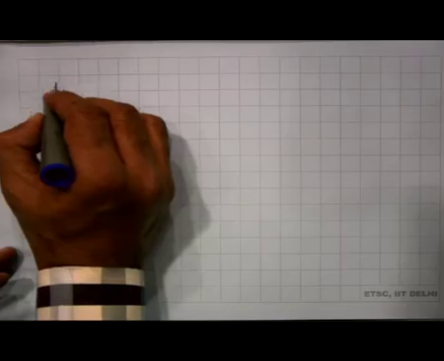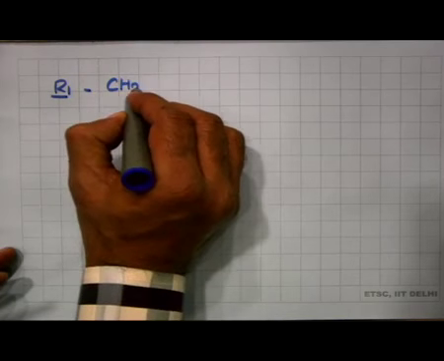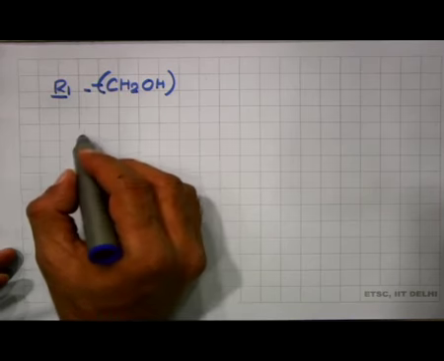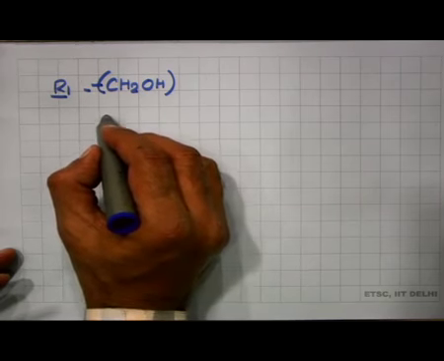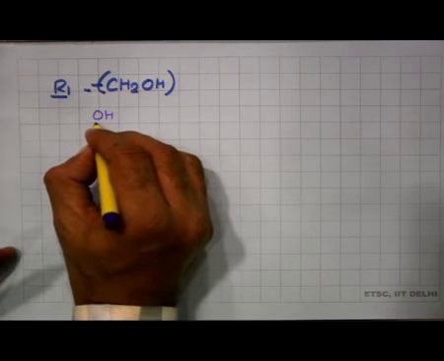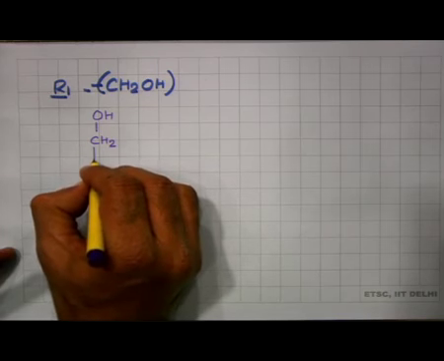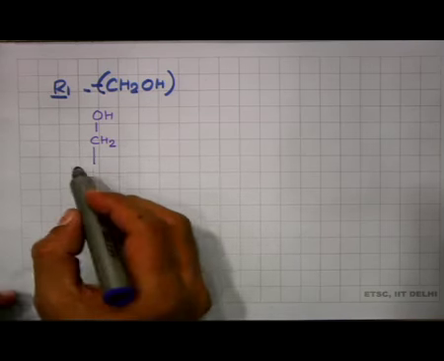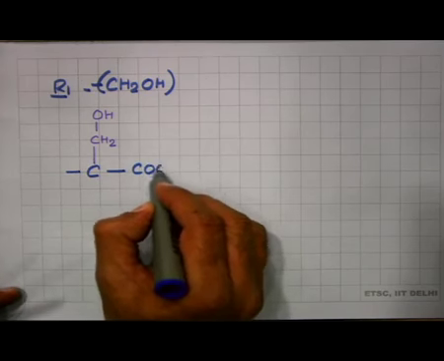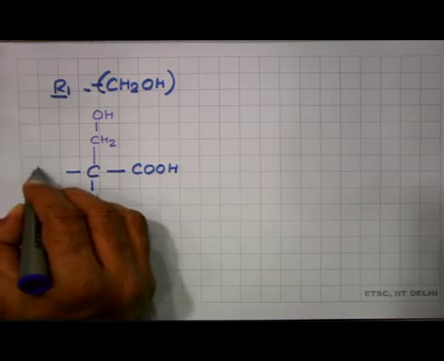Now, see another amino acid structure. If R1 is substituted by CH2OH, it means alcoholic group, then what happens? The OH, CH2, this one is the basic structure, COOH, here H, here NH2.